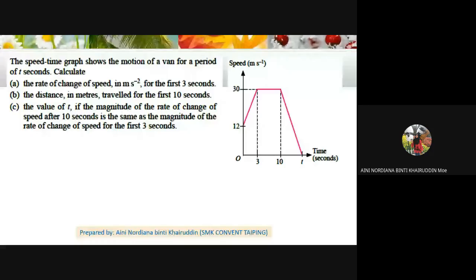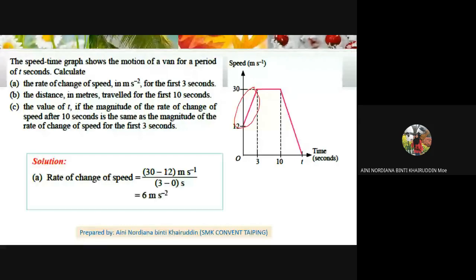So actually, we want to calculate the gradient of this graph. So 30 minus 12 over 3 minus 0. So answer 6 meter per second square.